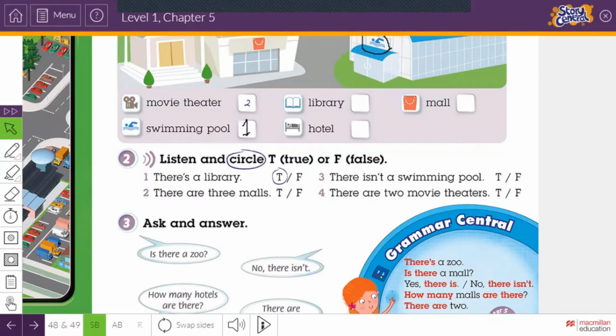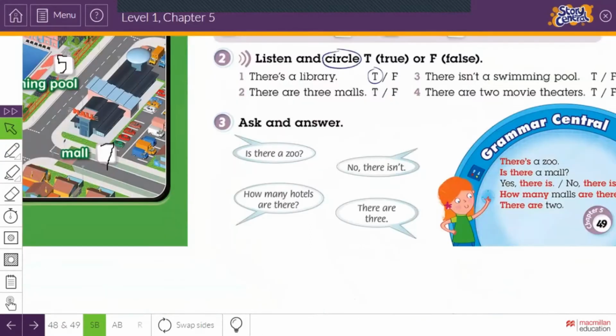Is it right, true or false? And then number 3. There isn't a swimming pool. Ya, tidak ada kolam renang di gambar di atas. True or false? Then number 4, there are 2 movie theaters. Is it right, true or false? Okay, easy.